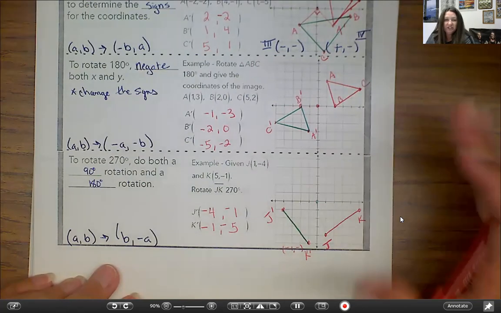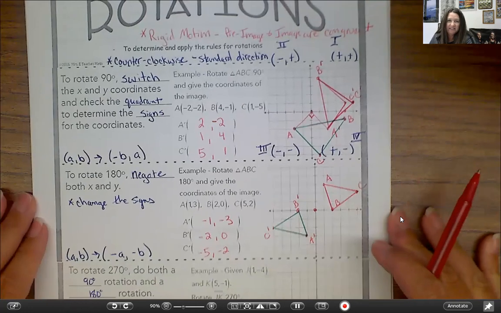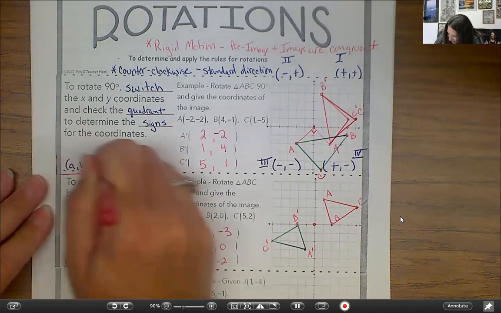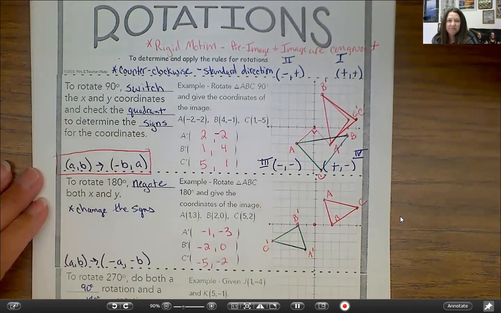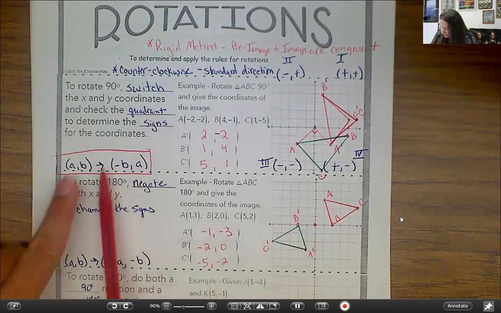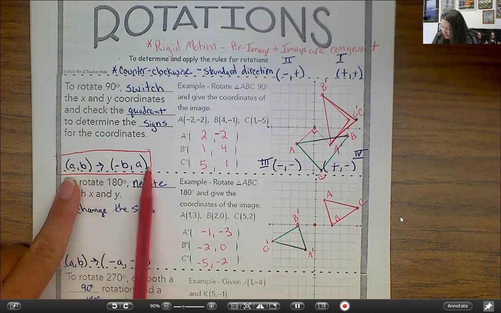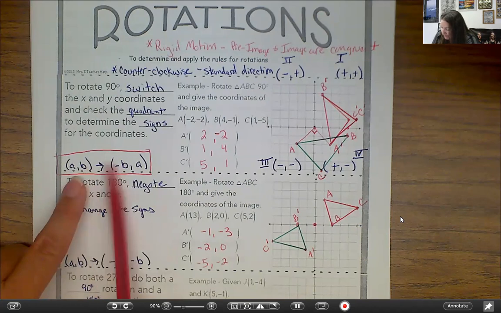Now, that's what they look like on the graph and finding some of those coordinates. The key idea is to take those rules now and create an algebraic rule that we can follow. So if you see a 90-degree rotation, you're going to take a vertex at (a, b) and rotate that to (-b, a). So switch them and make the original y coordinate the opposite sign.